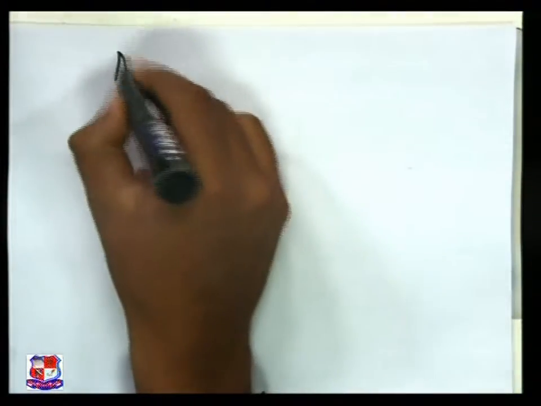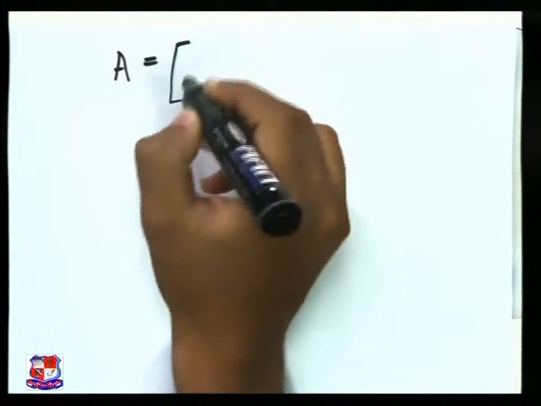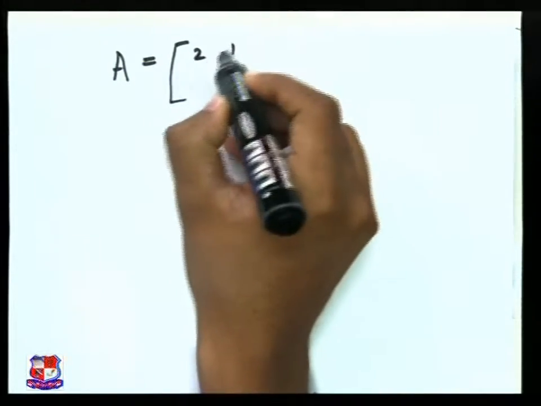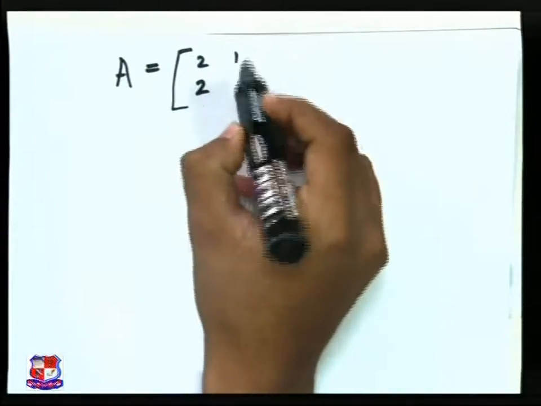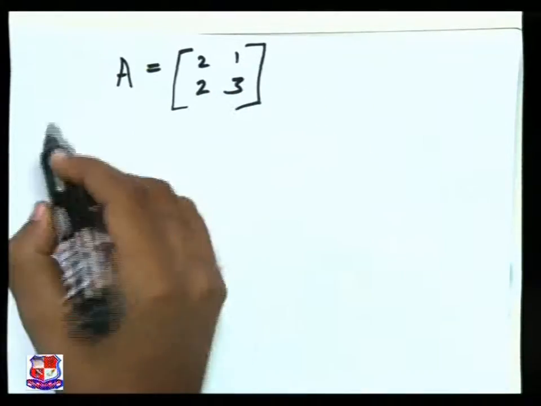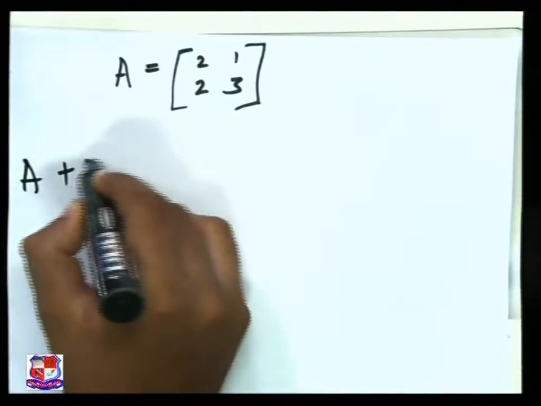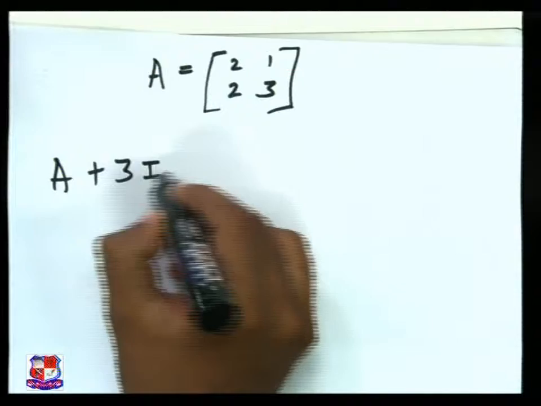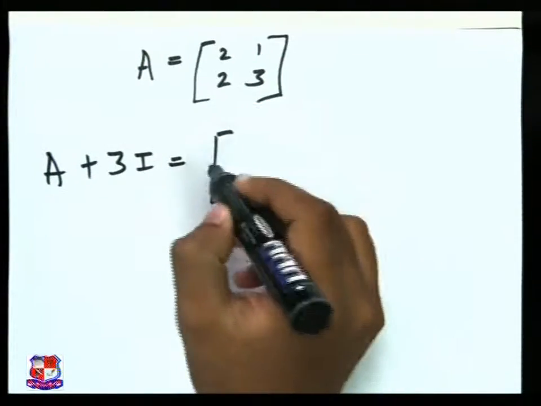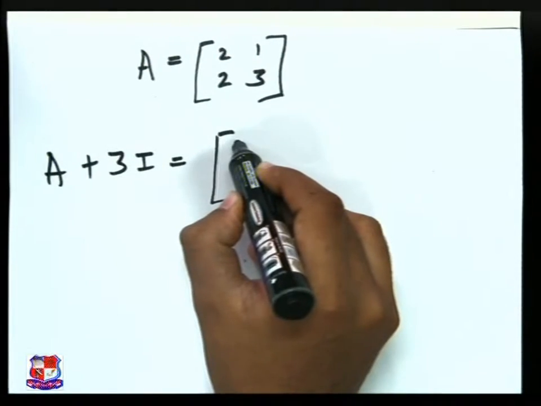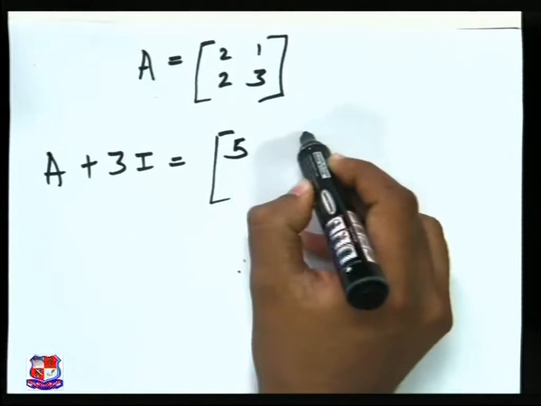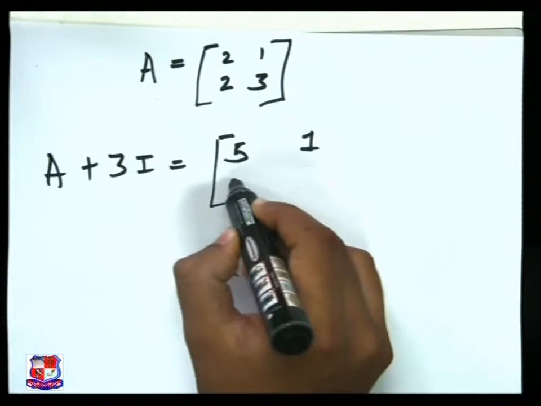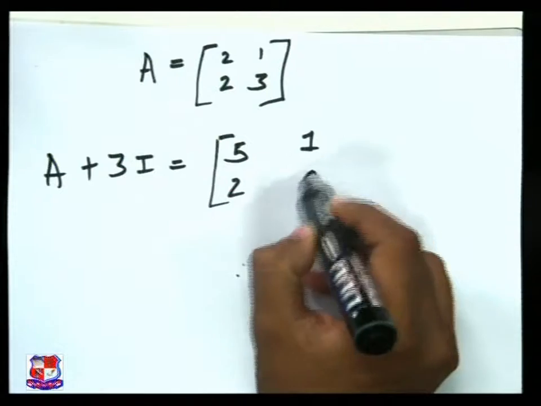This is our matrix A, that is 2, 1, 2, 3. So what is A plus 3i? 2 plus 3 here, so that is 5, 1, okay, 2 and 6.